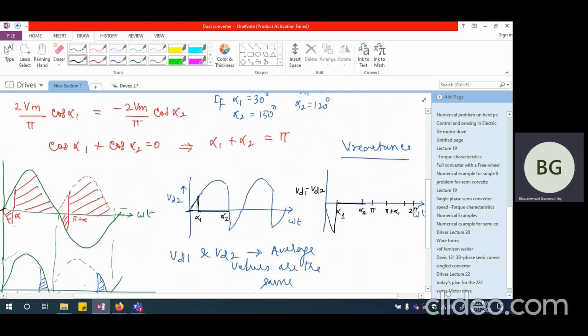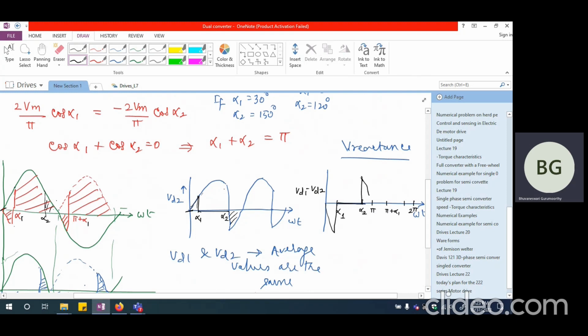Now at alpha 2, you have a negative voltage in VD2, whereas you have a positive voltage in VD1. So this is alpha 2, this is alpha 1, this is pi plus alpha 1. VD1 minus VD2 is going to be a huge positive voltage, because VD2 is negative whereas VD1 is positive. So you have a huge positive voltage from alpha 2 to pi.